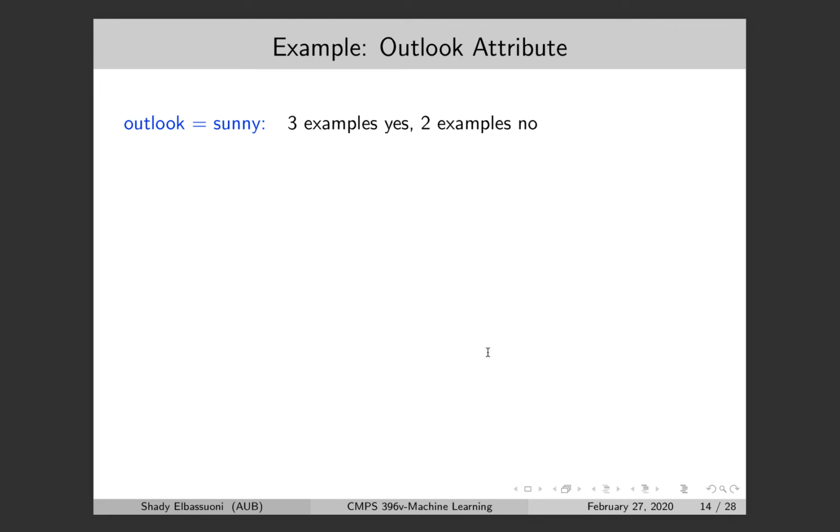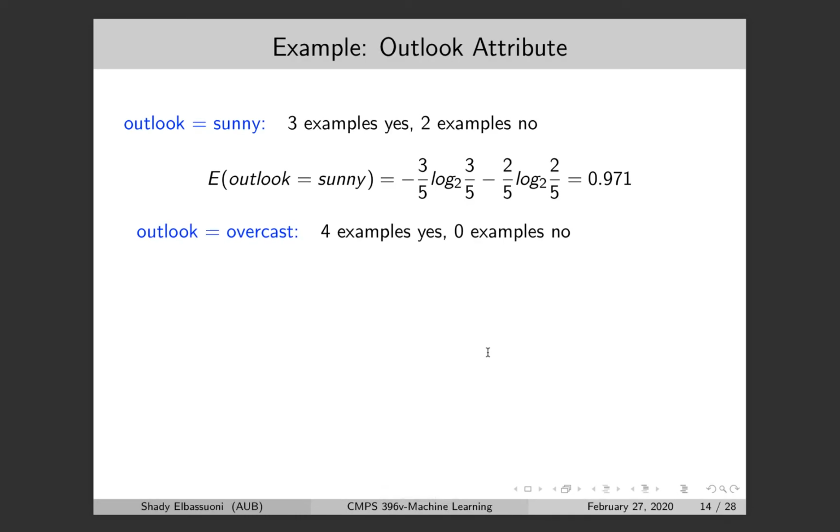We have 3 examples yes and 2 examples no. So the entropy of outlook equal to sunny is minus 3 over 5 log 3 over 5, minus 2 over 5 log 2 over 5, which is 0.971. So the impurity of this attribute is 0.971.